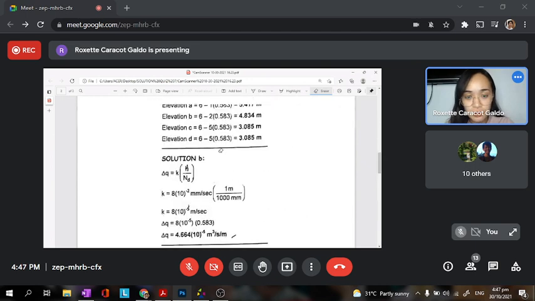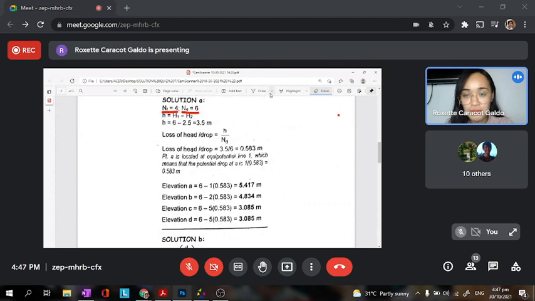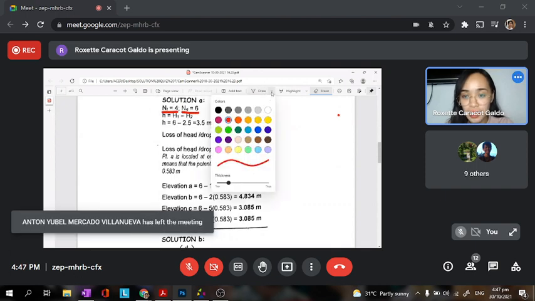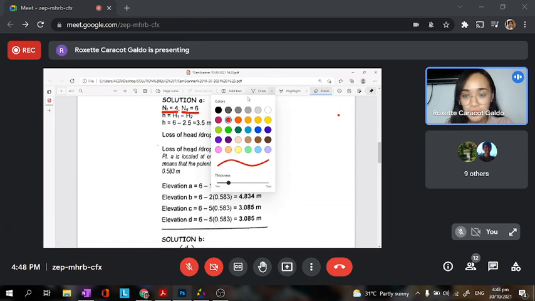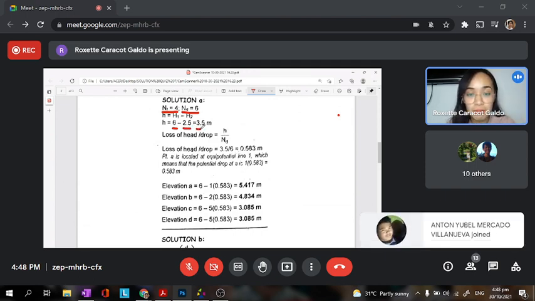So to do that, we have to get the difference between the water level, or that is actually the pressure head between the two elevations of water. That is 6 minus 2.5, kay 6 man to H1 and then ang H2 is 2.5, that is equal to 3.5.